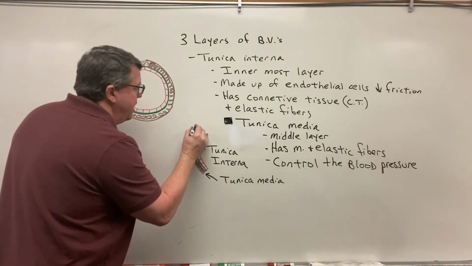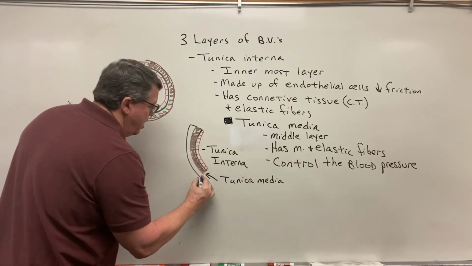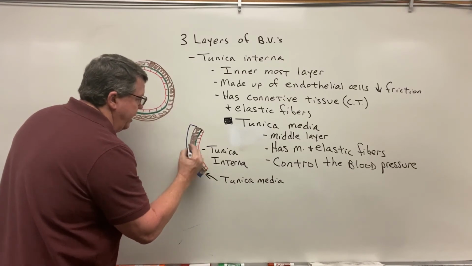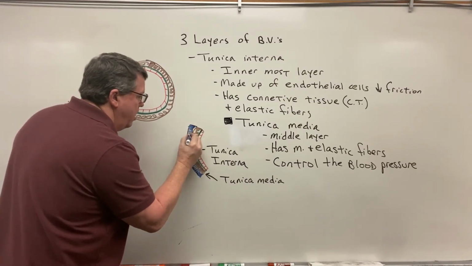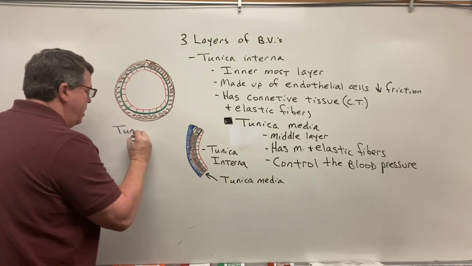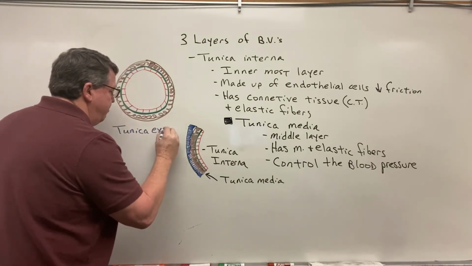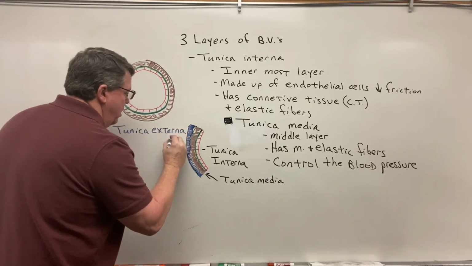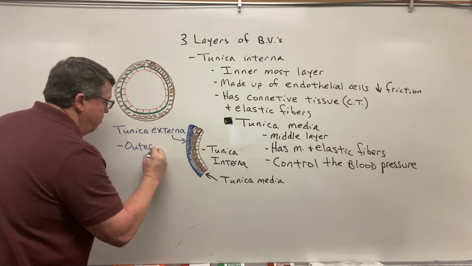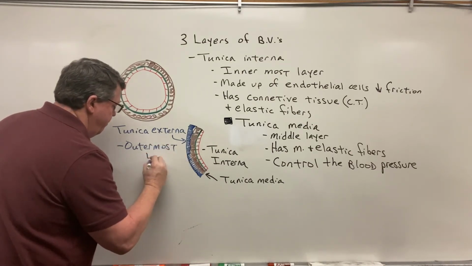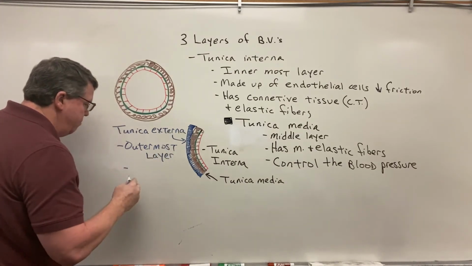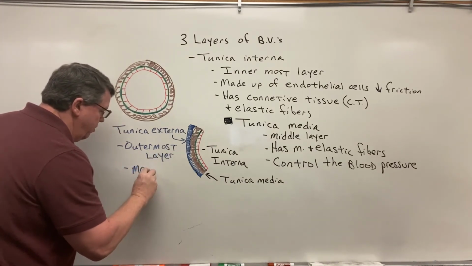And then the outer layer, and I'm actually drawing this bigger than it would be in relation to everything else, is called the Tunica Externa. Okay, and this is my outer layer, outermost layer. It's made up of connective tissue.